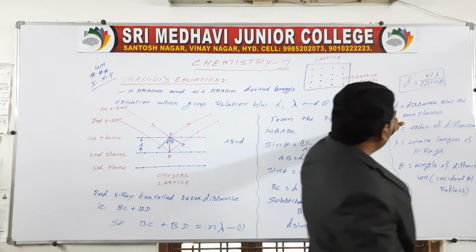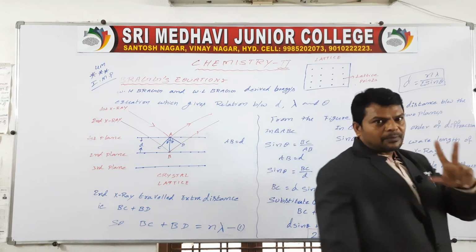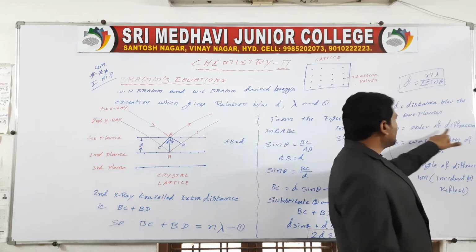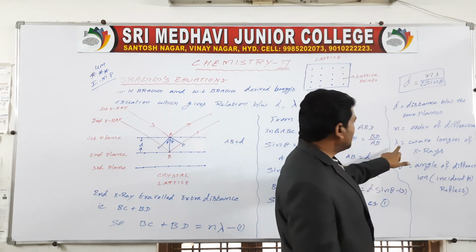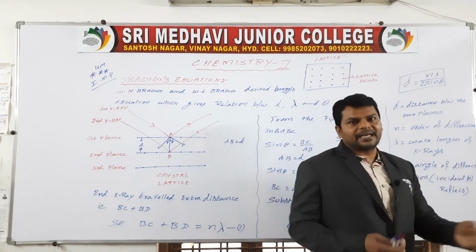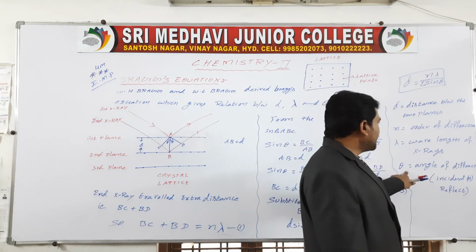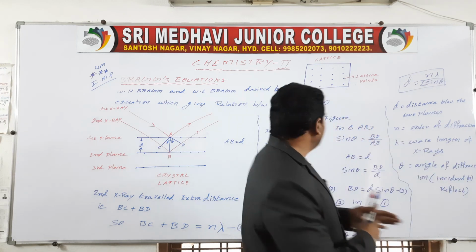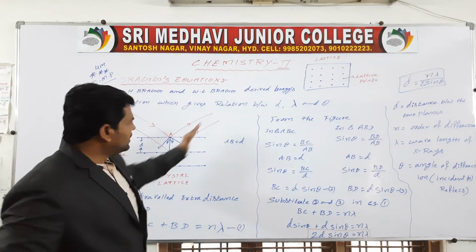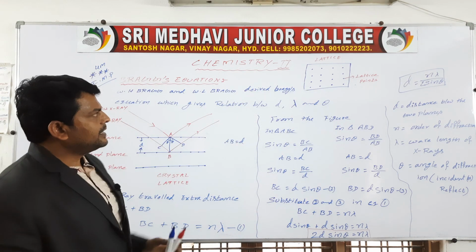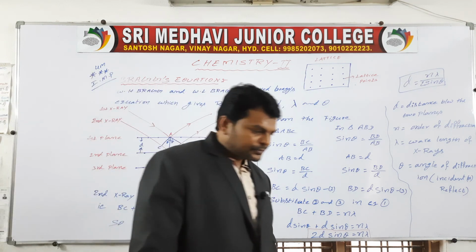So here d is the distance between the two planes. N equals the order of diffraction. Lambda equals the wavelength of X-rays which we are passing through the crystal plane. Theta is the angle of diffraction, which may be incident or reflected. So this is the way. Okay.